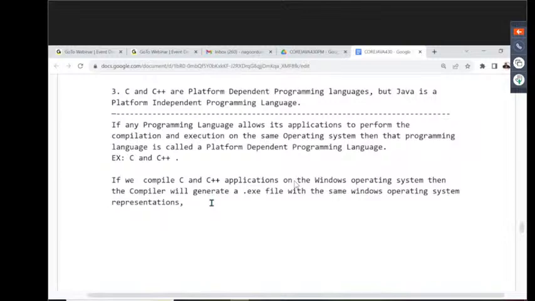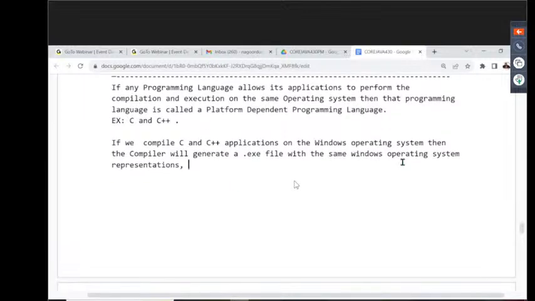Understand it clearly? All right, sir. With the same Windows operating system representations.